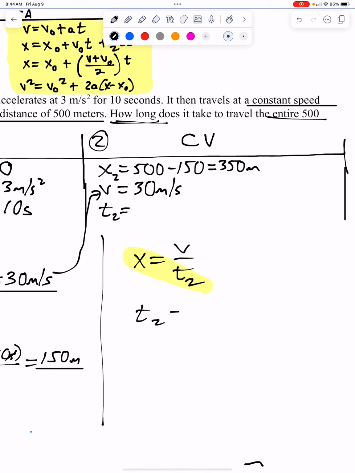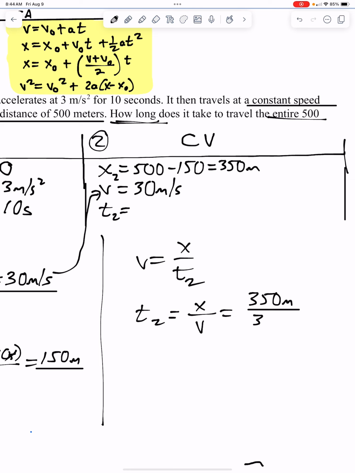My apologies, I have the equation backwards. It's velocity equals change in position over time. Switching it out, T2 equals x over v, which would be 350 meters over 30 meters per second. See those cancel?